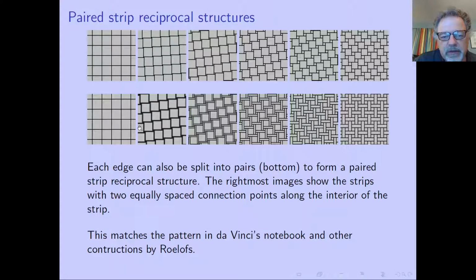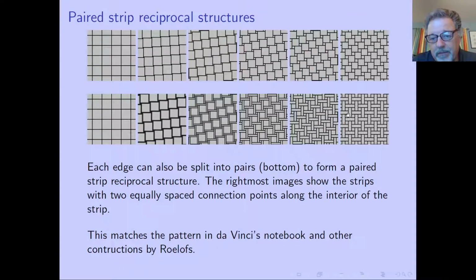So this edge that we see here is in some sense being split, and we end up with, rather than just one edge, a pair of edges. So if I think about this pair of edges here, we see that I have a pair of edges coming in from one side and a pair of edges coming in from another side.